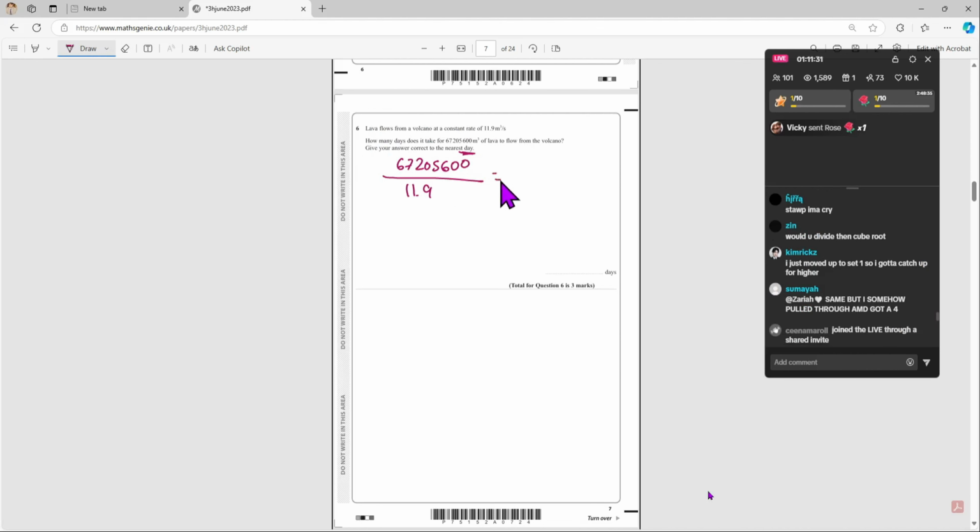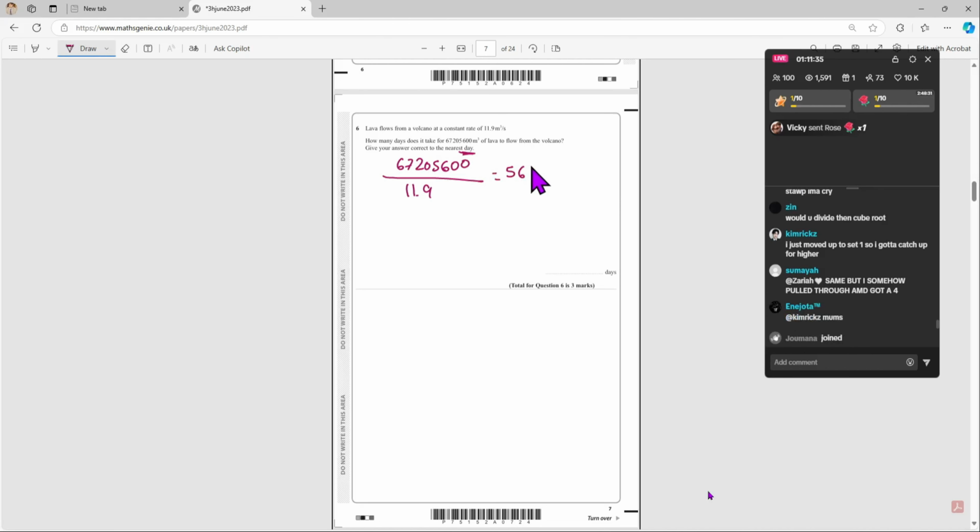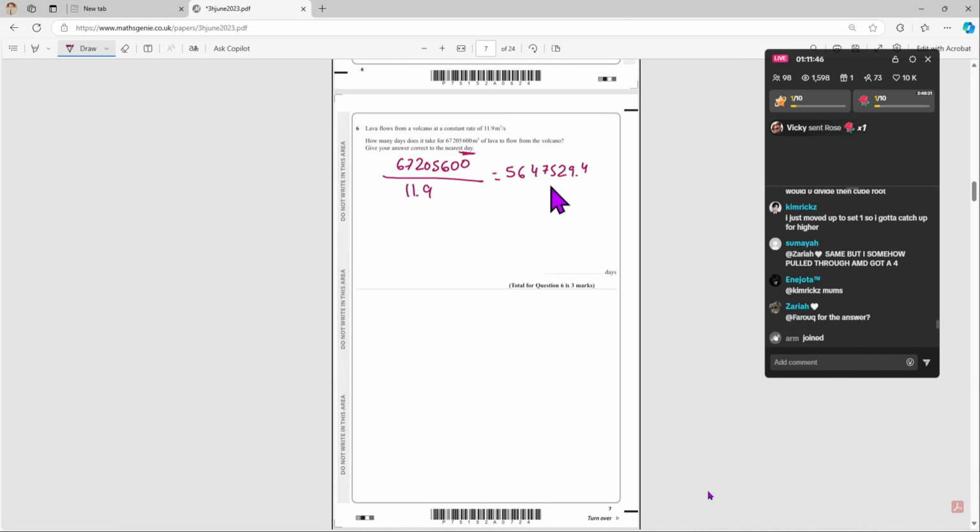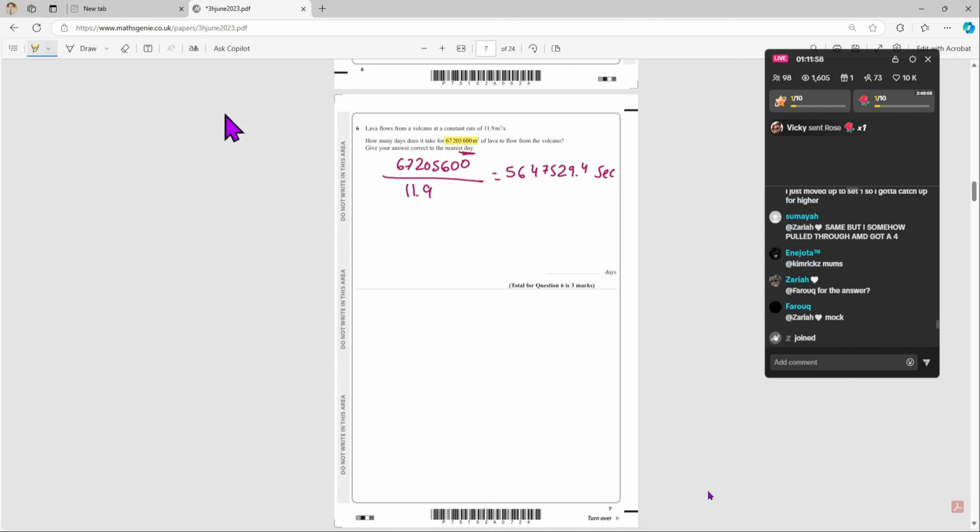Once you put this into the calculator, it will take this lava 5,647,529.4 seconds. So we just worked out the number of seconds it takes this much lava to flow, okay?